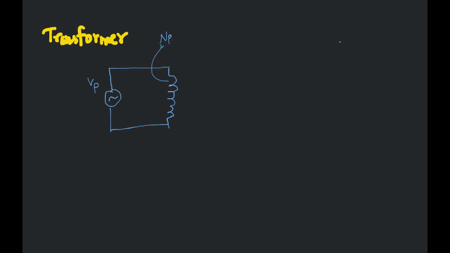Then we use another coil, which we connect like this. This is our secondary coil. Here the number of turns is different. Let the number of turns here be ns.